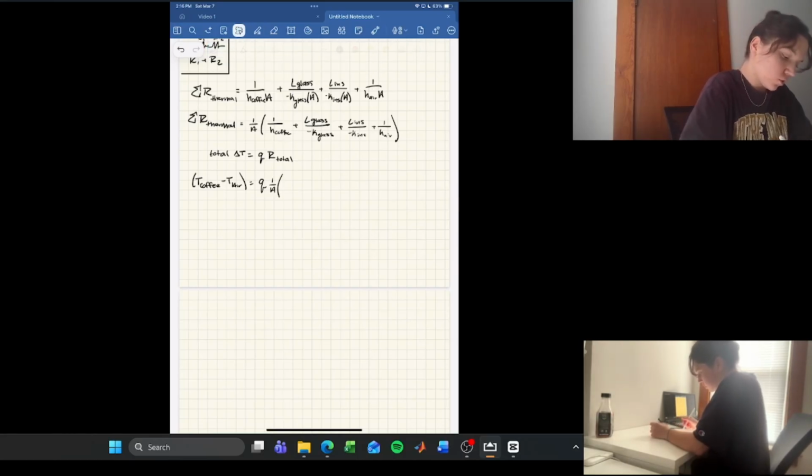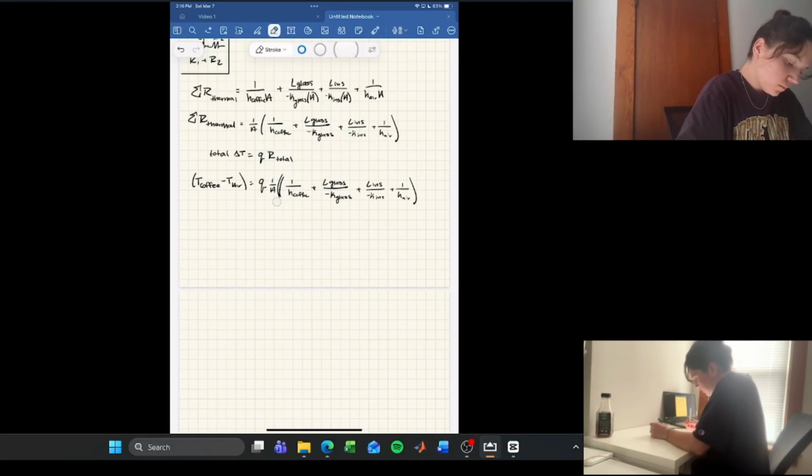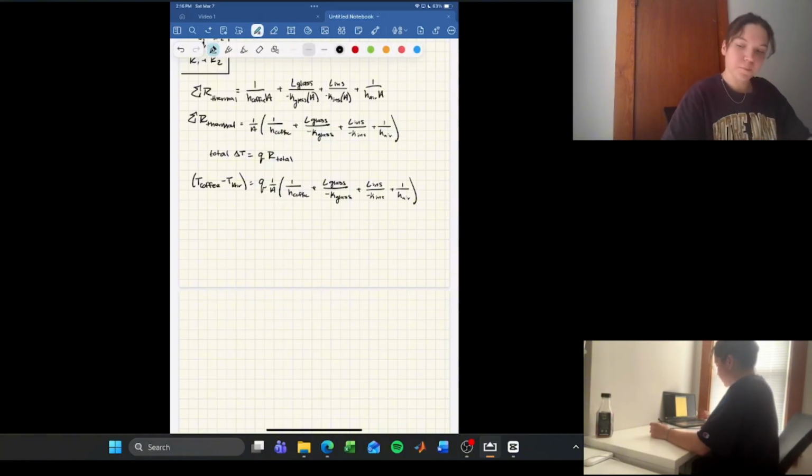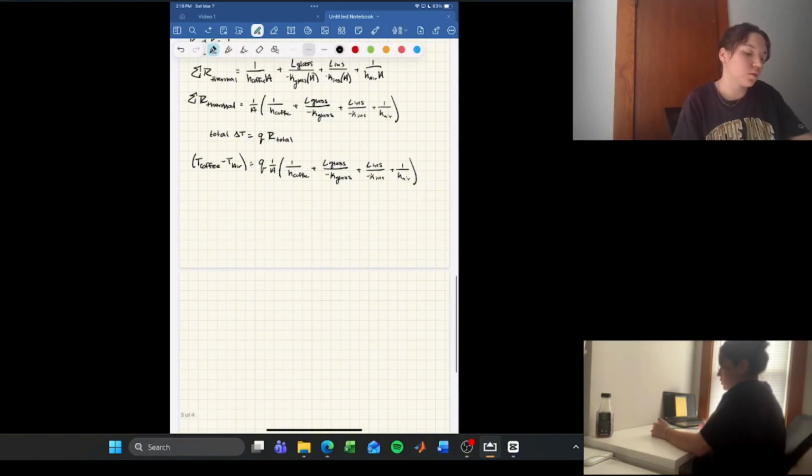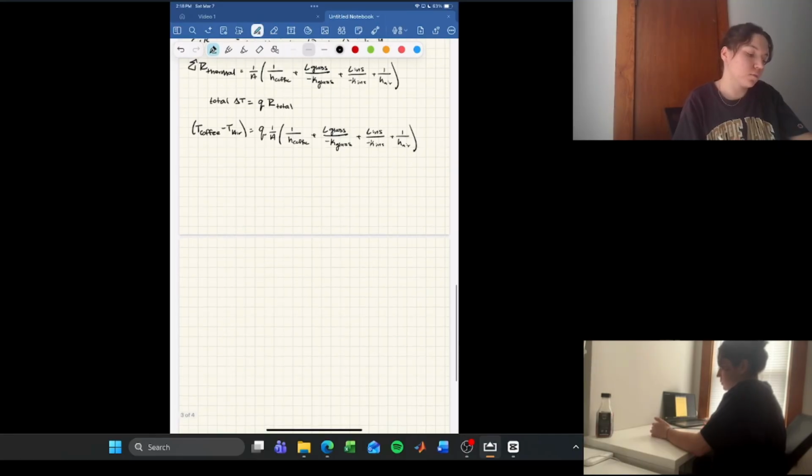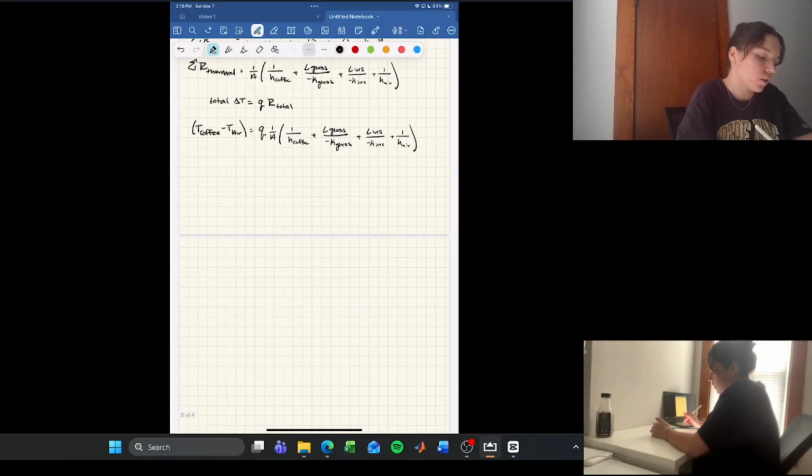So that would be this whole section. And then we can use this more simplified equation to find the total heat flux.